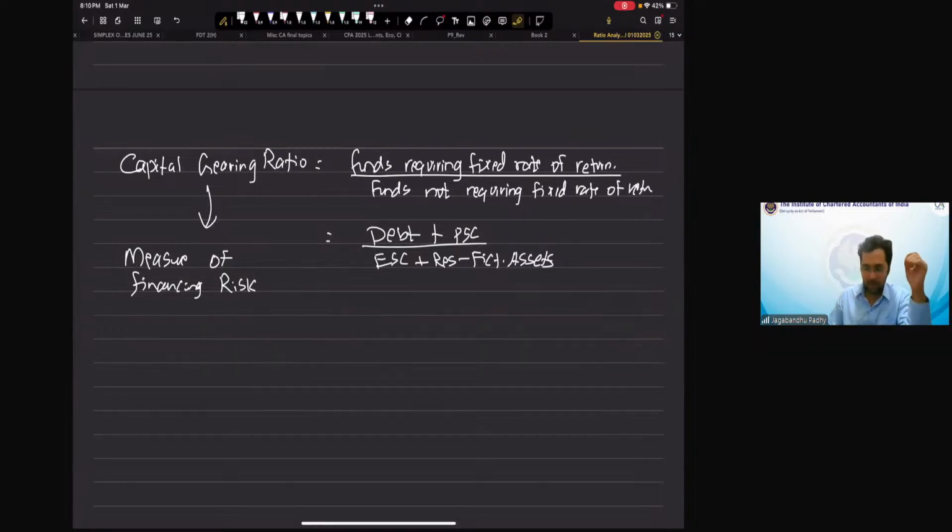So the capital gearing ratio indicates the level of risk by which you are funding your business. If you want a high level of gearing, it means you borrow money or take funds which require a fixed rate of return.